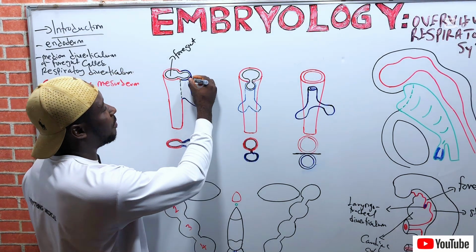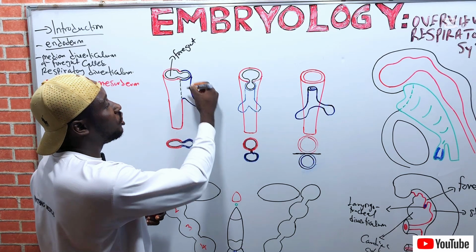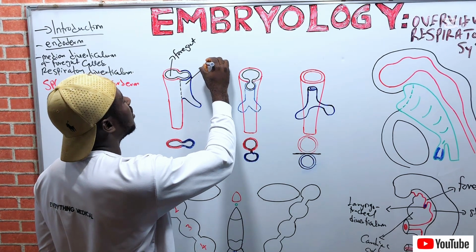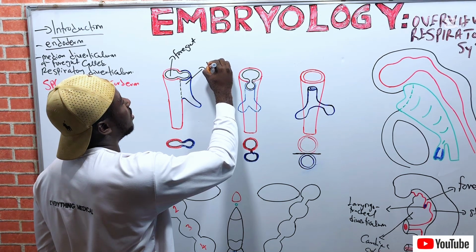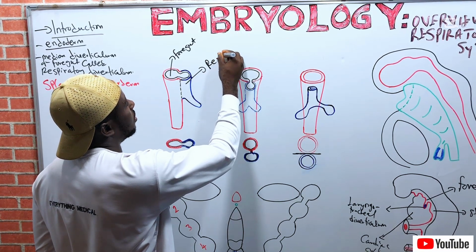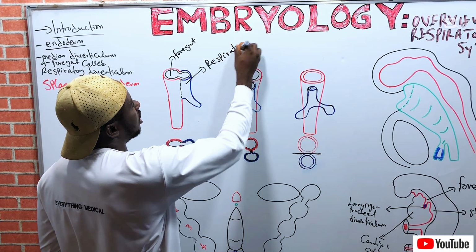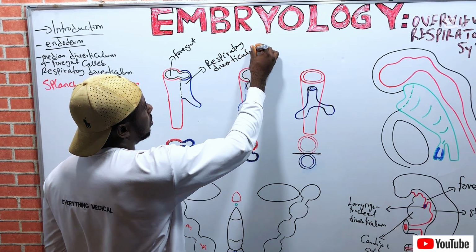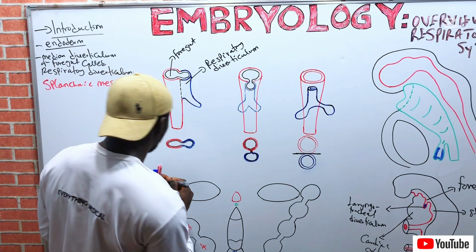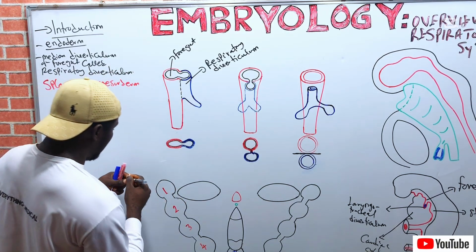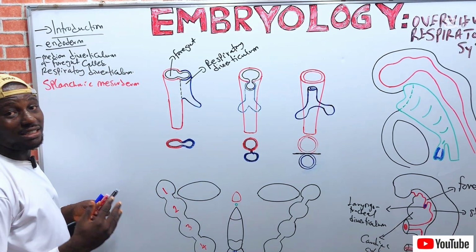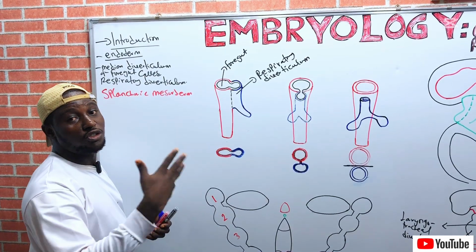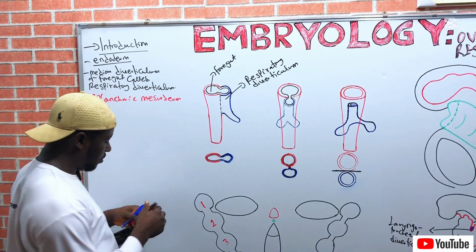So you can see it here. It is on its median aspect, right? So this is the respiratory diverticulum. Now, let's look at the development of the respiratory diverticulum or the laryngotrachea diverticulum.